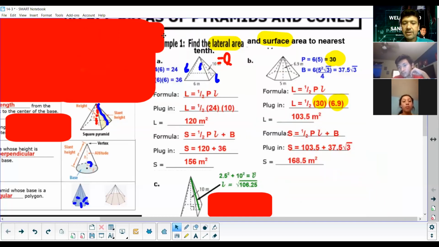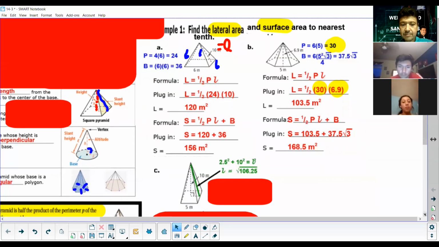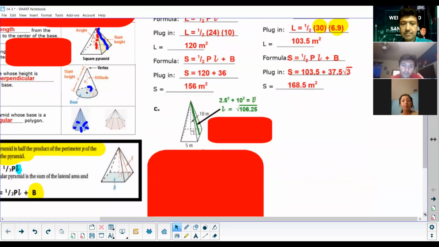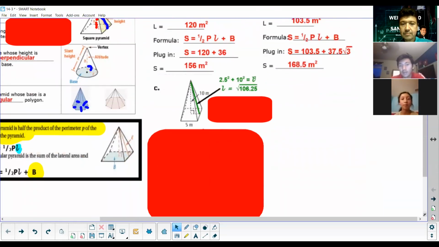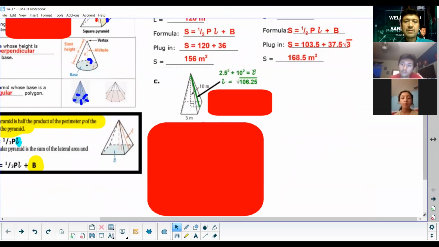All right, good. Now, Marcus, look at C and tell us what is different about C. It doesn't give you L. No, what does it give you? It gives you the height. Okay, you see the L pointing to the green. What was done for them to get that L that you have there? The Pythagorean Theorem.